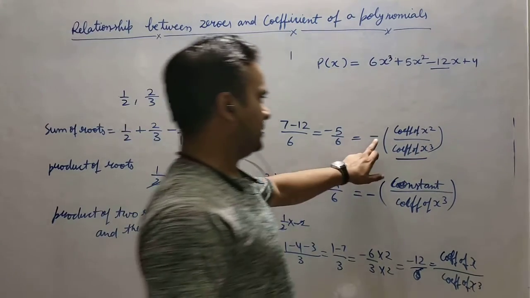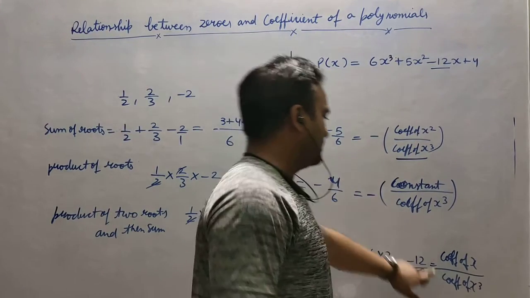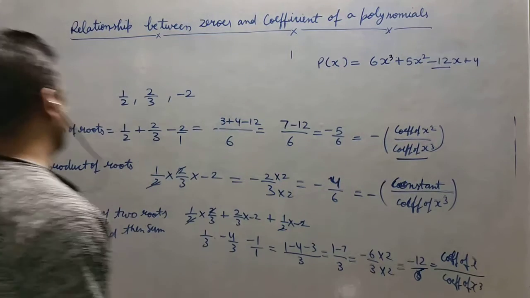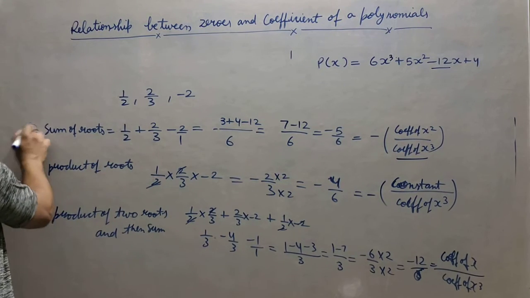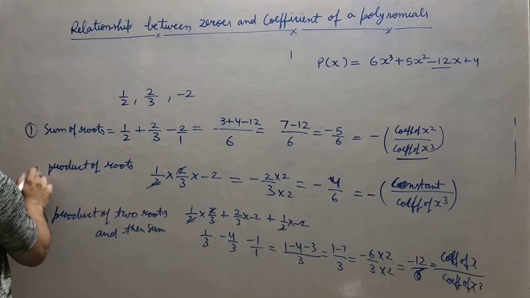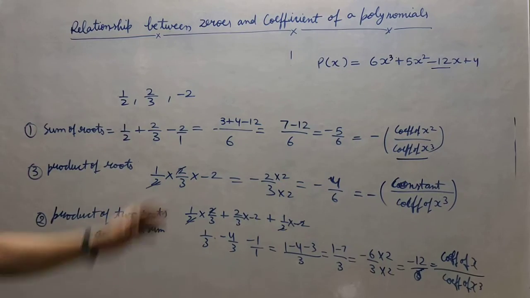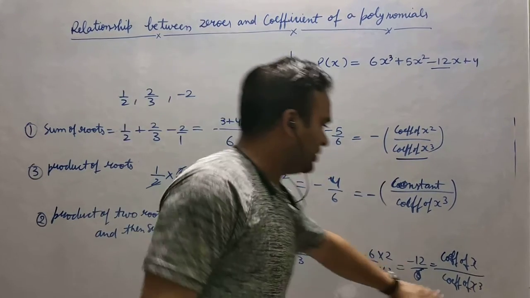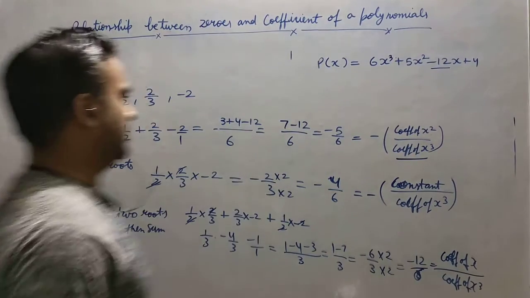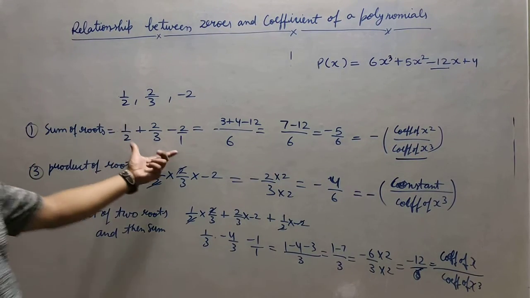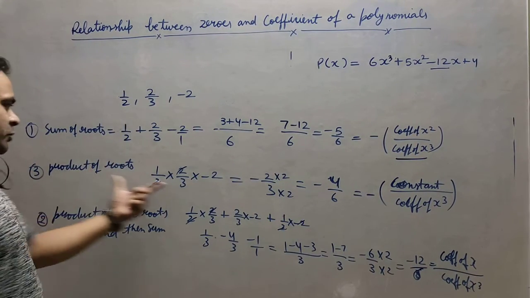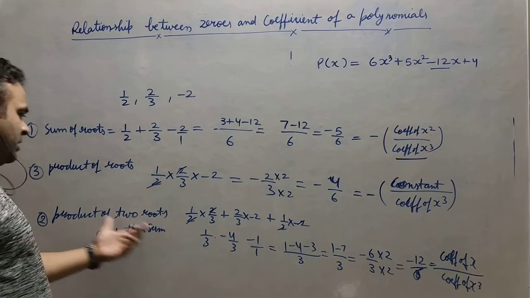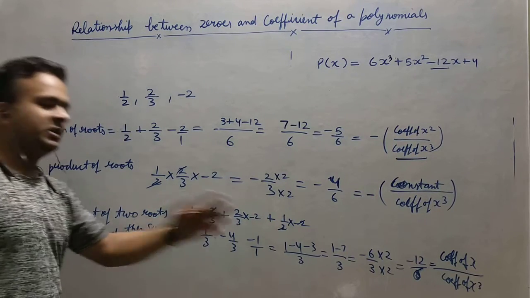So first we will use minus here, then plus, and then minus. So you can see the order. We can do first this one, then this one, then this one, so that you can see the order of changing of sign also. Minus, then you will see this one plus, and this one in minus. So we will do the sum of all roots, then the product of all roots, then we will take a product of two roots and then sum.